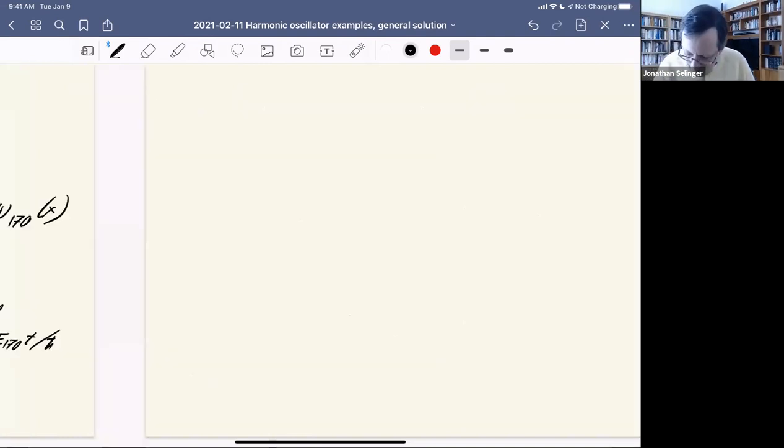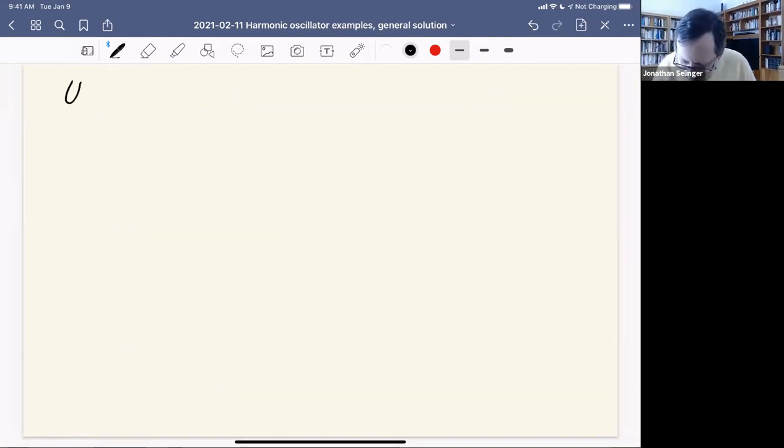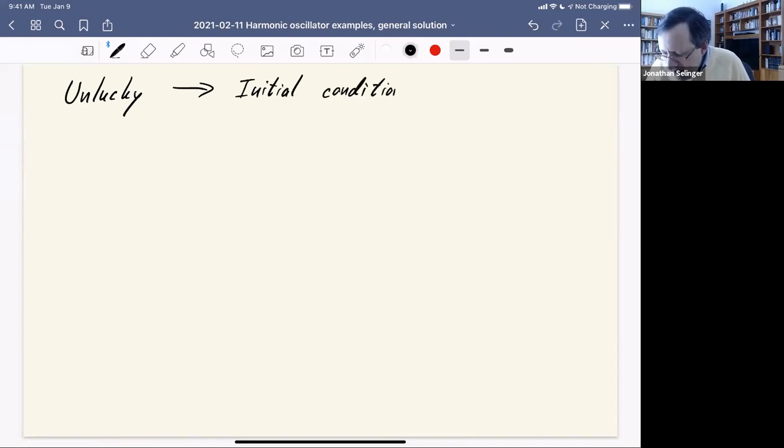Now, of course, here comes the third case. What if you are unlucky? That is to say that the initial condition is some other function. So it doesn't look like any one of those things.